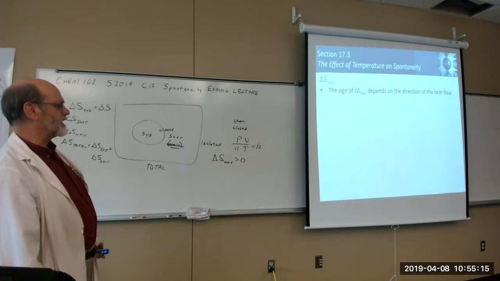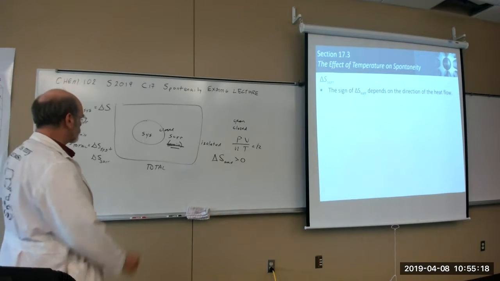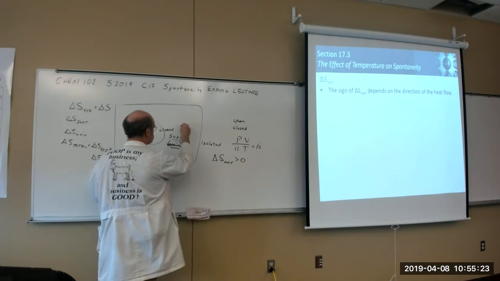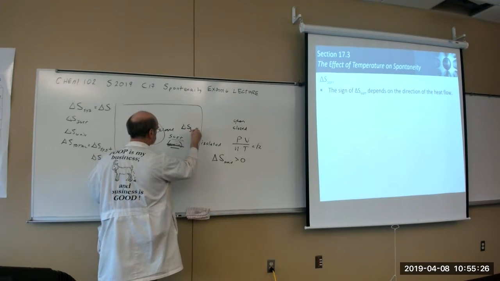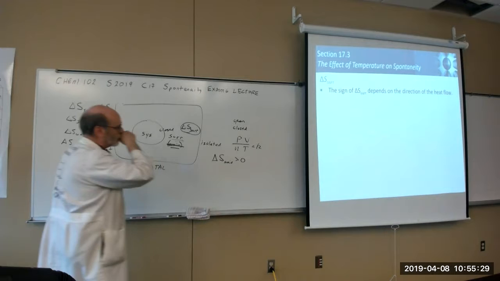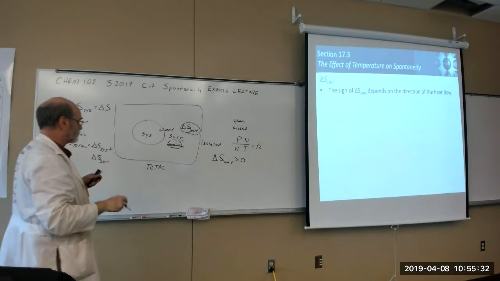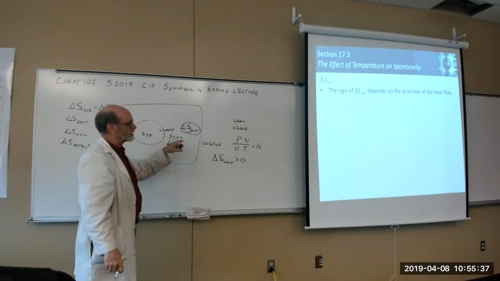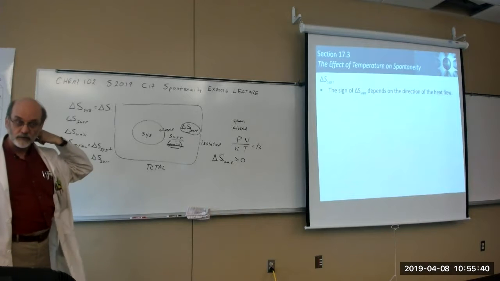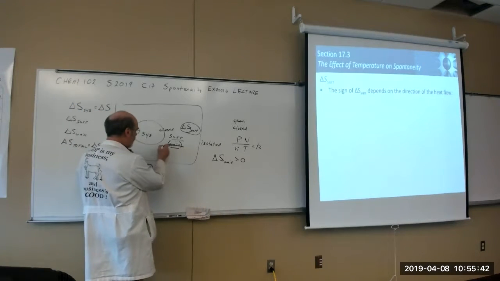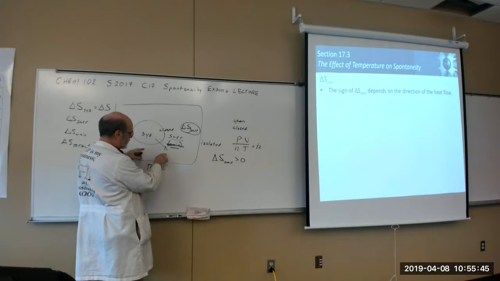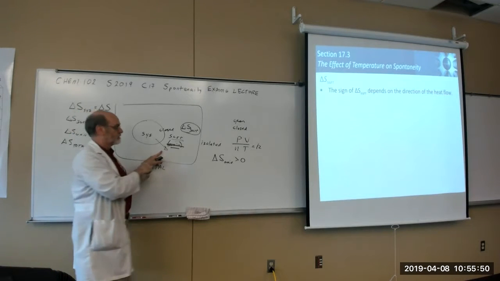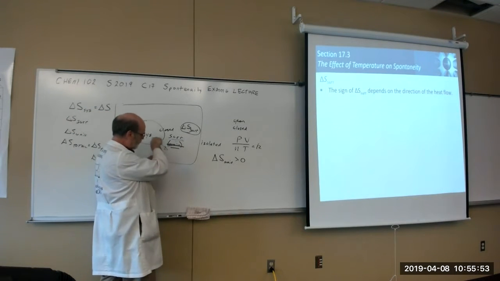So let's see. If we focus on the surroundings now, and the delta S that's associated with the surroundings. The entropy of the surroundings actually depends on the direction that the heat flows. Because if heat is flowing out of our system, that increases the energy entropy of the surroundings. So this would be positive as heat flows out.